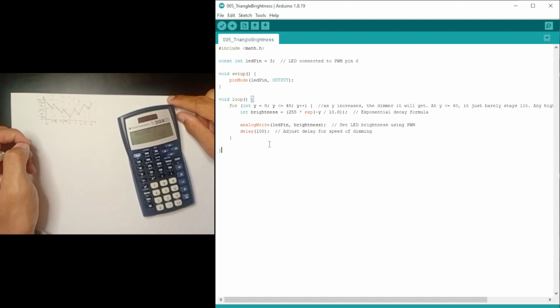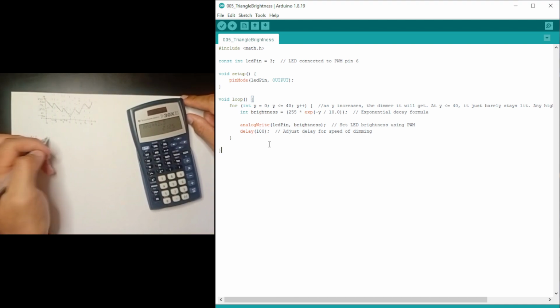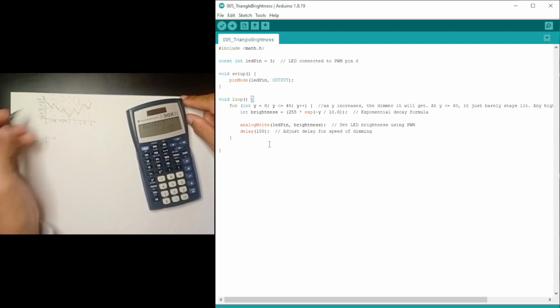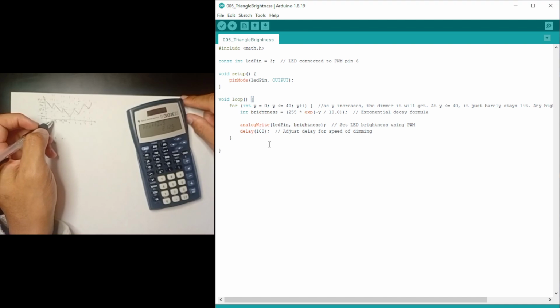So at time x equals 0, y equals 255, or brightness. At x equals 1.3, y equals 138. When x equals, what is this?